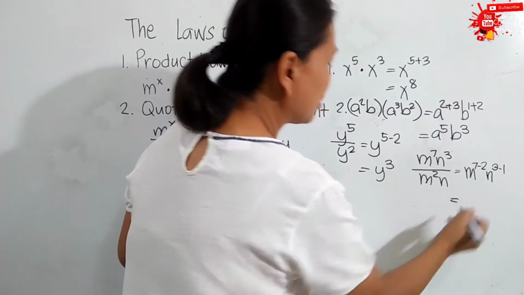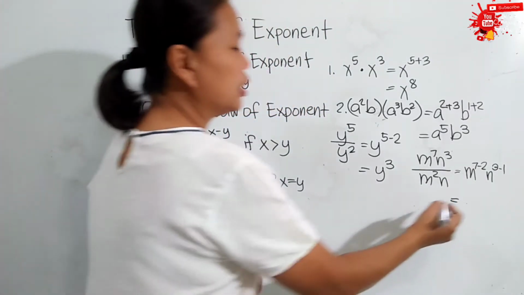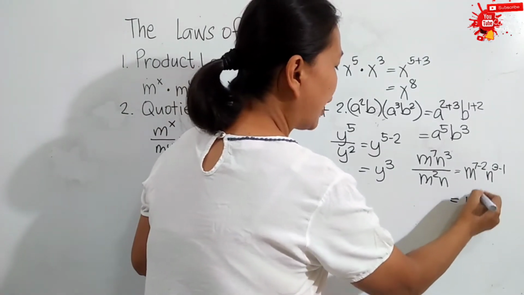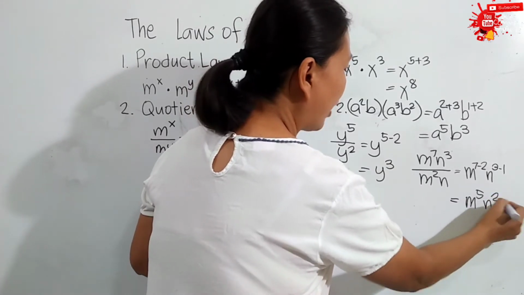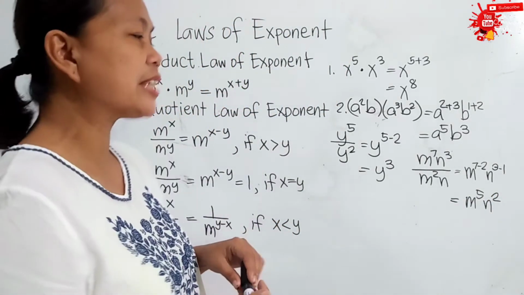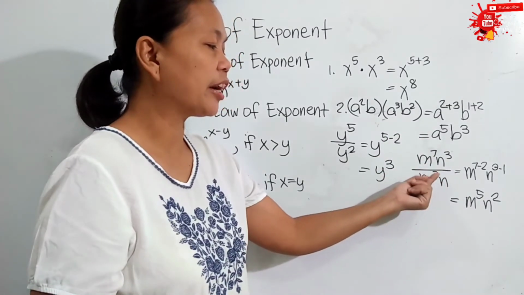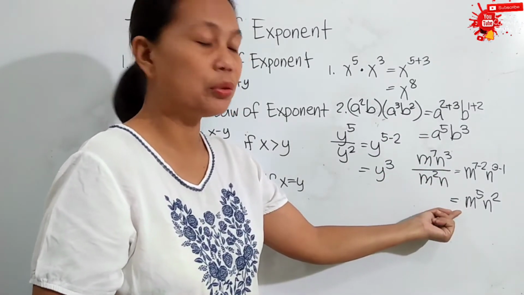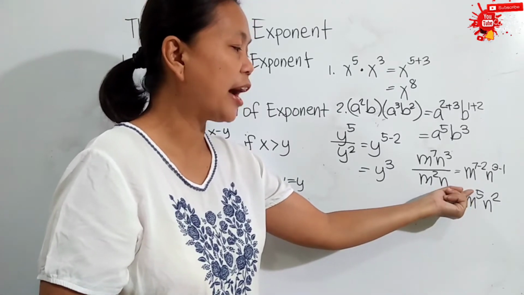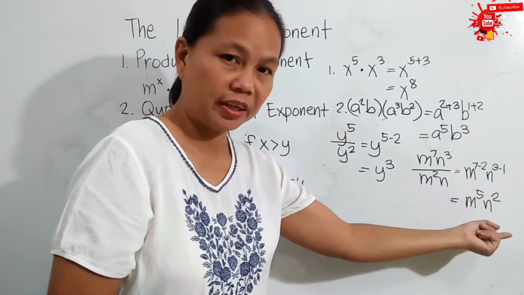So we will have the answer, which is equal to m raised to 5 n squared. So m raised to 7 n cubed over m squared n is equal to m raised to 5 n squared.